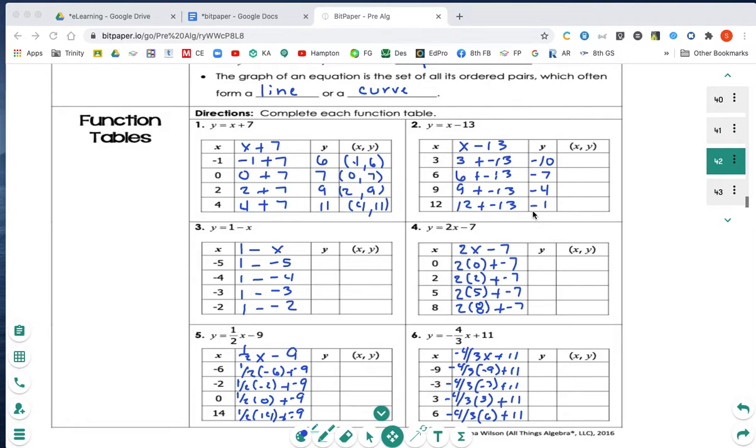Now we're going to go ahead and write our ordered pairs. So we're going to take our 3 and our -10, our 6 and our -7, our 9 and our -4, and our 12 and our -1. So again, all my x values went in for my x coordinate, all my y values went in for my y coordinate.